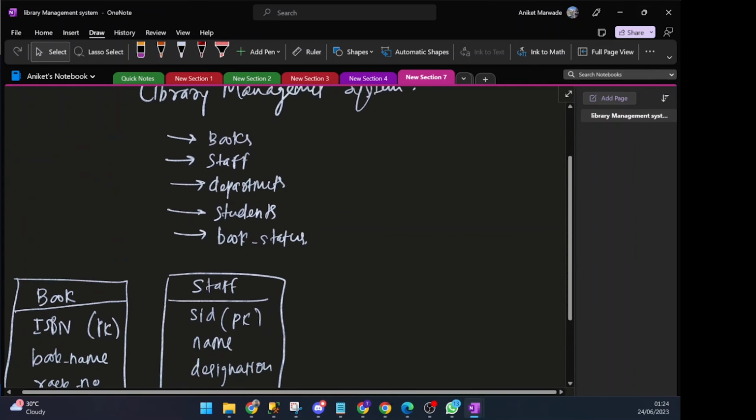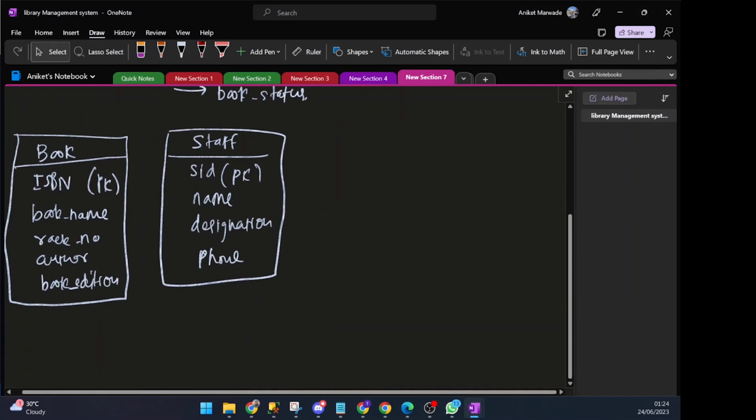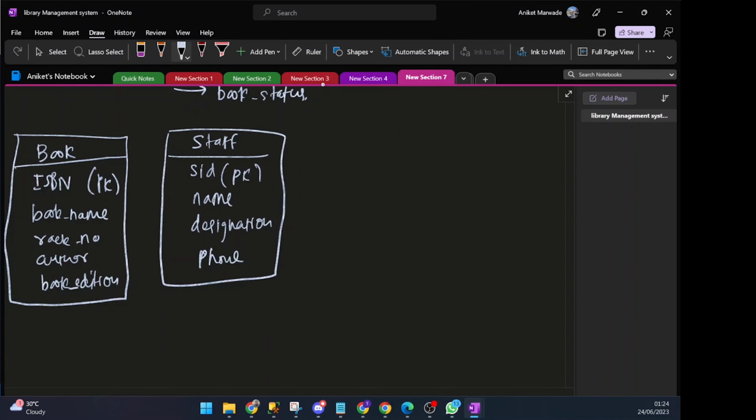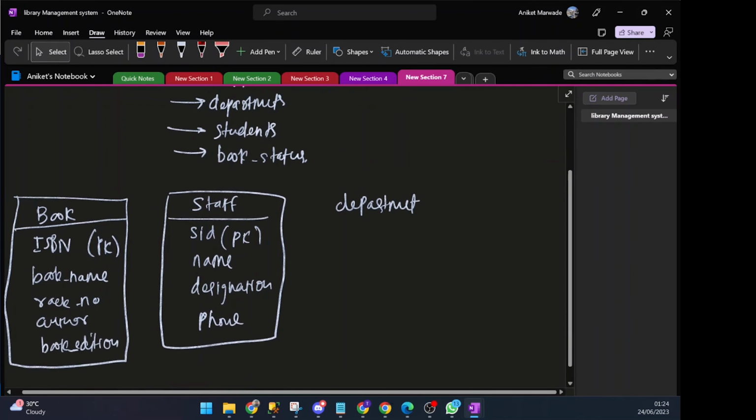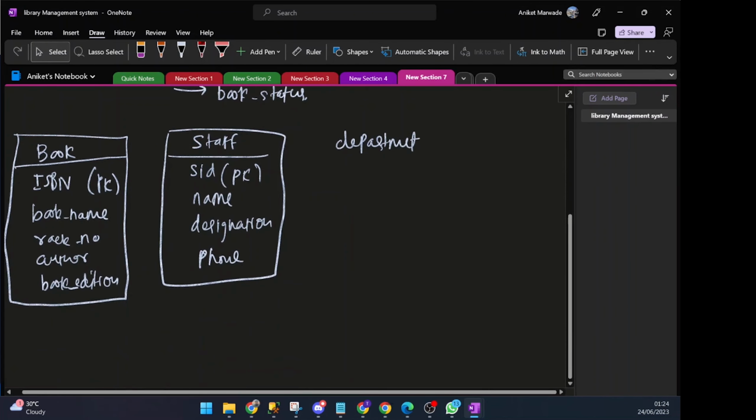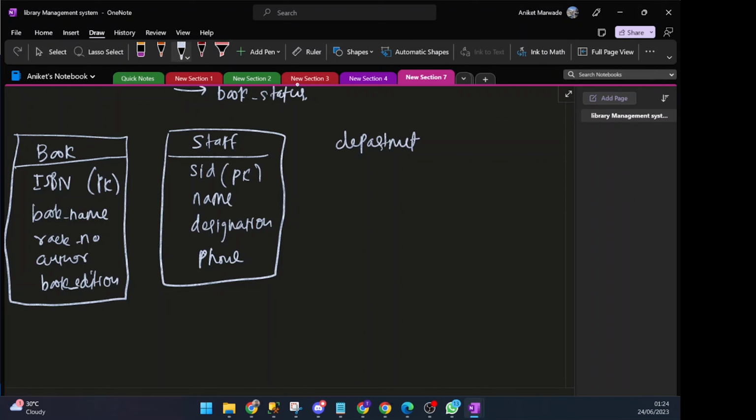What is the next table? We have departments. There are multiple departments in the college, so we have a department table. What we can have in department is department ID.